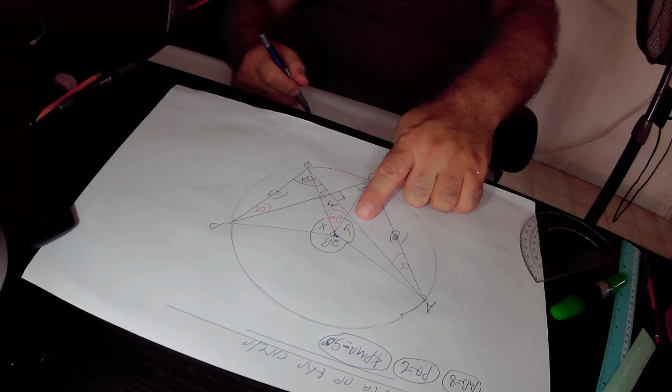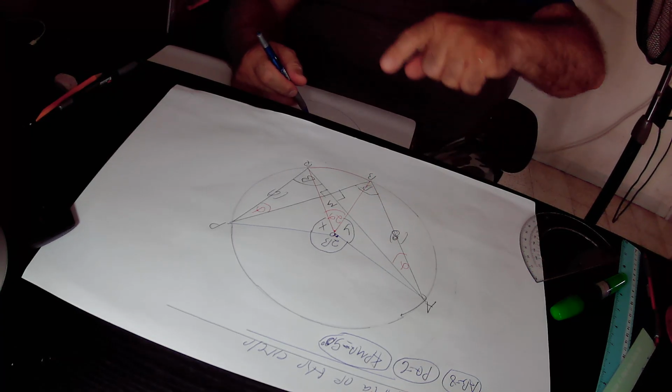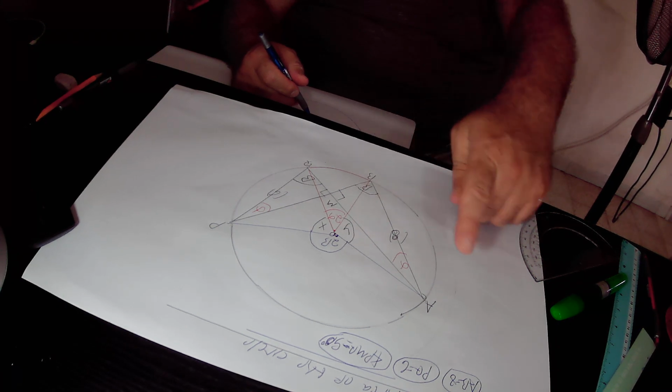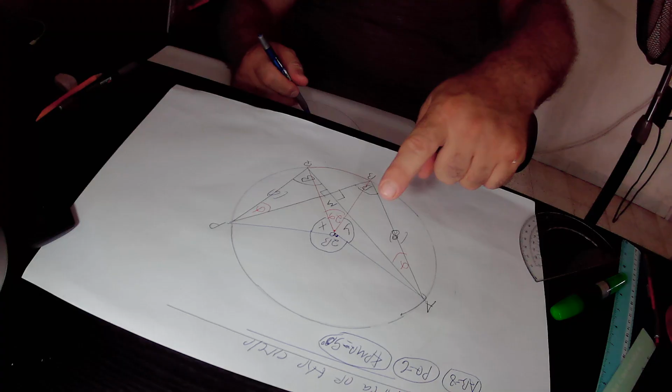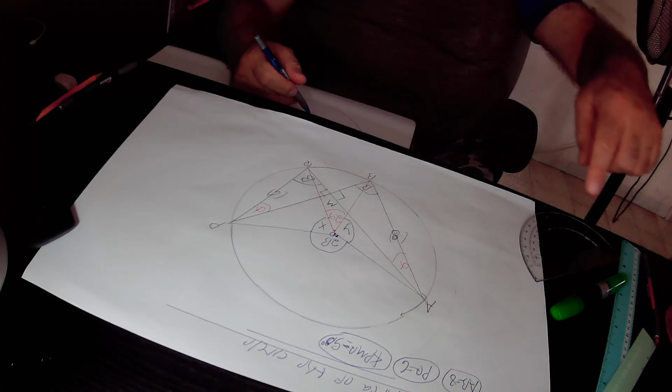So first of all, I will draw angle Y in the new circle. And angle Y has two sides, OA and OB, or the legs of angle Y are OA and OB.